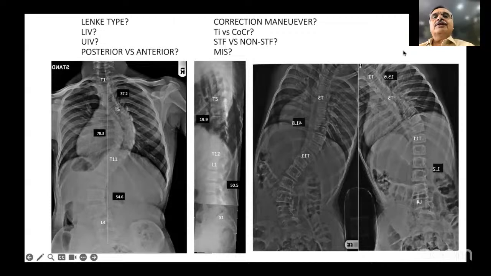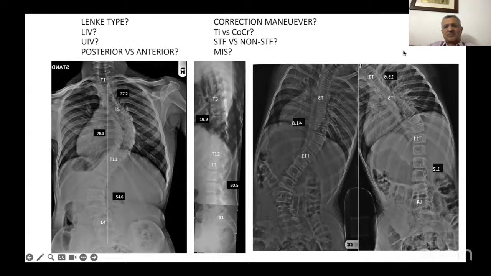Would anybody think of Pontes, or will it be without Pontes? I don't think I'll need Pontes here. It's quite flexible. You don't have to do a full Ponte. If you take off the facets, remove a bit of the superficial layers of the ligamentum flavum, you get an adequate degree of correction.